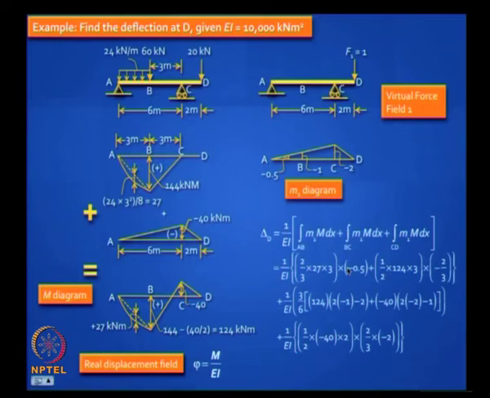Then you take this difference, which is 124, so the area of this triangle is half into 124 into 3. The centroid of this is at a distance of 2/3 from here, so it is multiplied by minus 2 by 3, you can work it out.